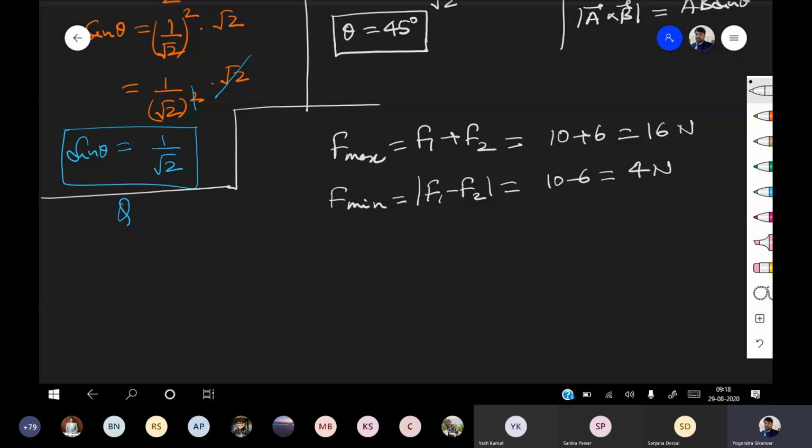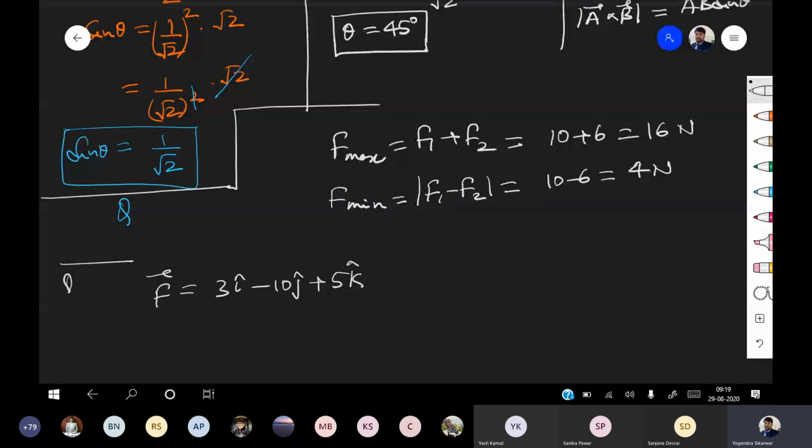Next question. A body is constrained to move in Z direction. That means it can move only in Z direction and is subjected to a force of F. So F is given as 3i cap minus 10j cap plus 5k cap. And keep that thing in mind that body can move only in Z direction.